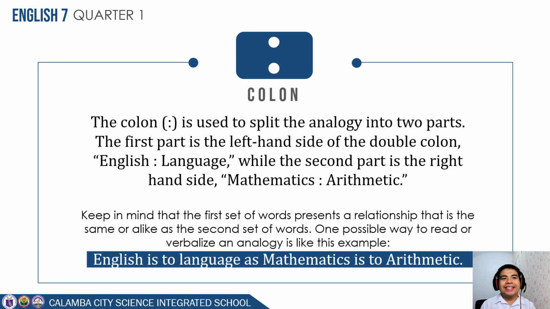Keep in mind, guys, that the first set of words presents a relationship that is the same or alike as the second set of words. One possible way to read or verbalize an analogy is like this: English is to language as mathematics is to arithmetic. Did you get it? Wow, I'm pretty sure that you are learning at this very moment.